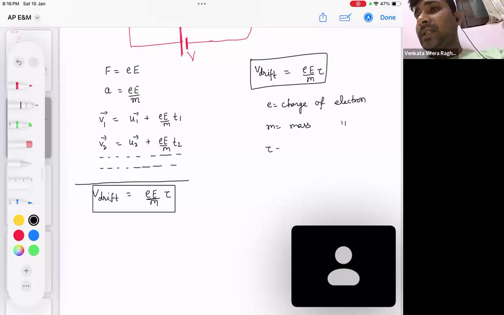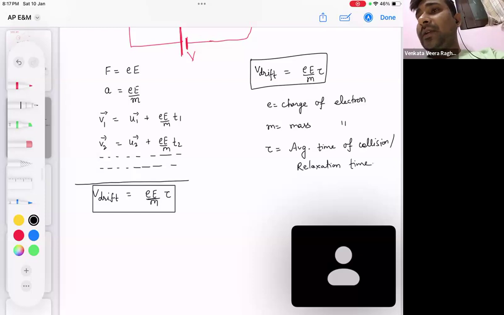What is tau? Tau is called the average time of collision, because when these electrons move, they are going to collide with the other electrons, or with the conductor. So how much is the average time duration for which the electron moves? That is called tau, the average time of collision, or it is also called the relaxation time.